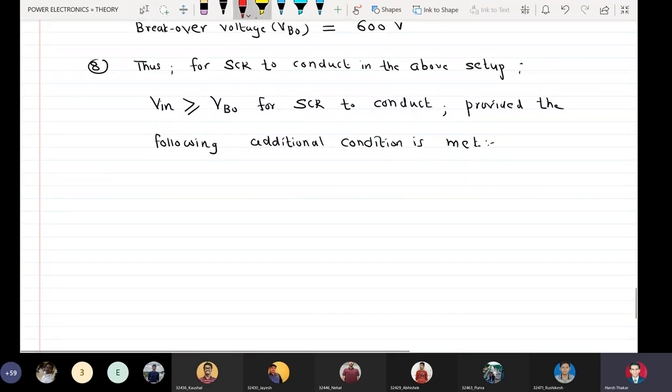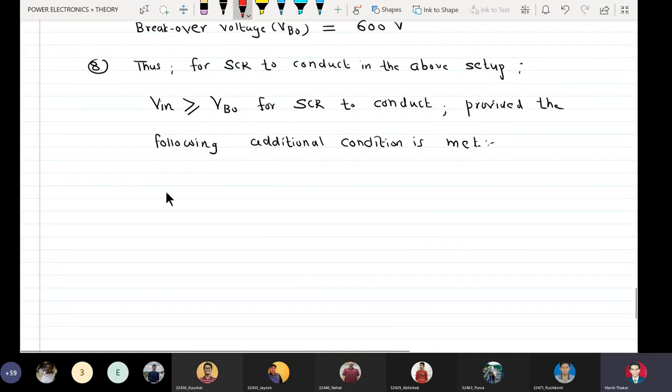This condition is very important, which you will be able to appreciate only when you perform the experiment in the lab.